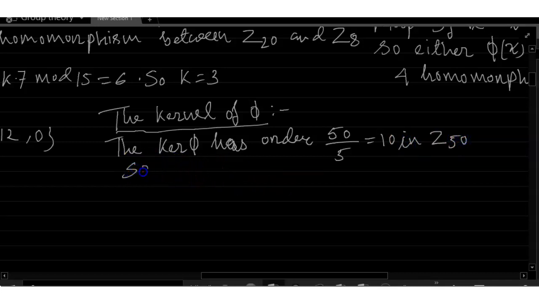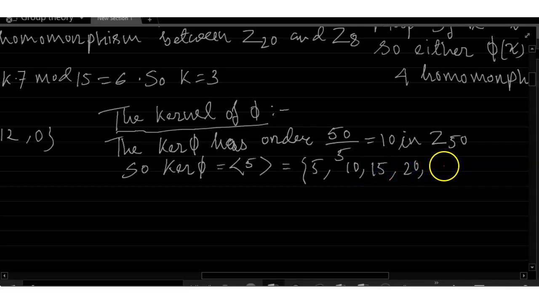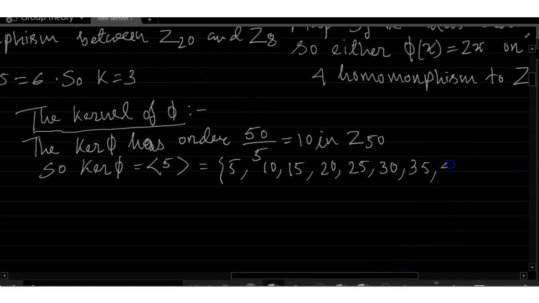So the kernel equals the ideal generated by 5, that is 5, 10, 15, 20, 25, 30, 35, 40, 45, and 50.